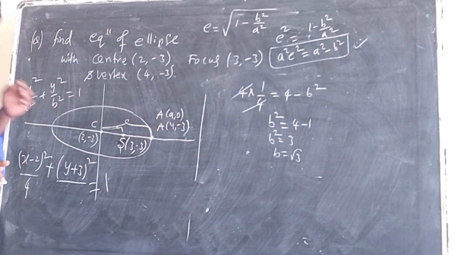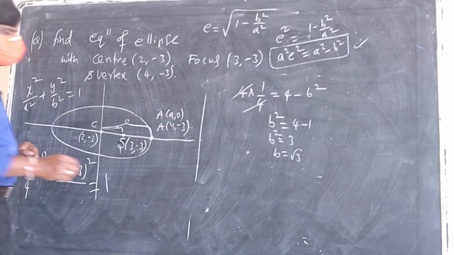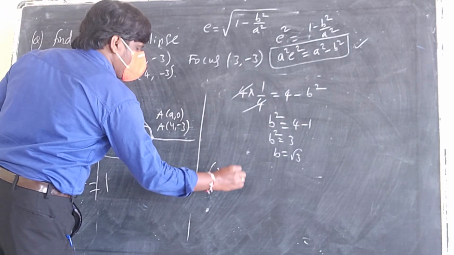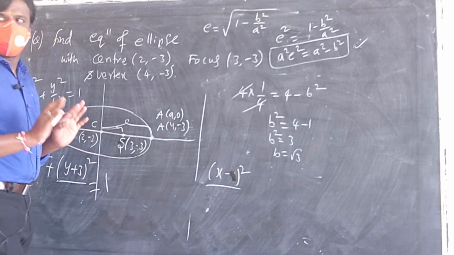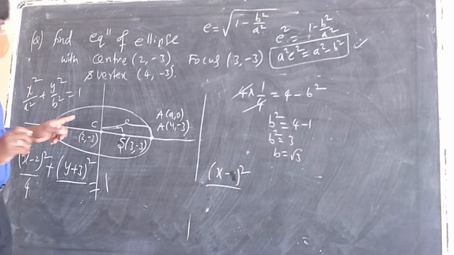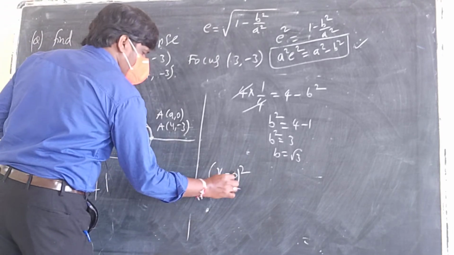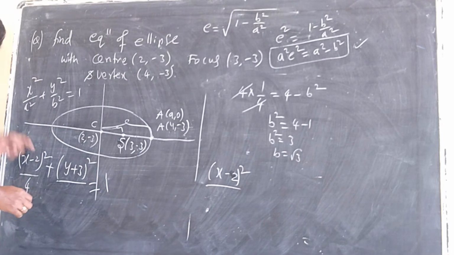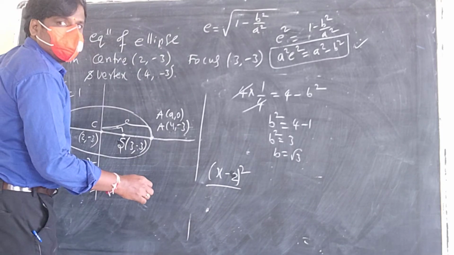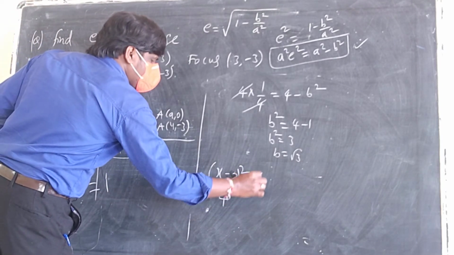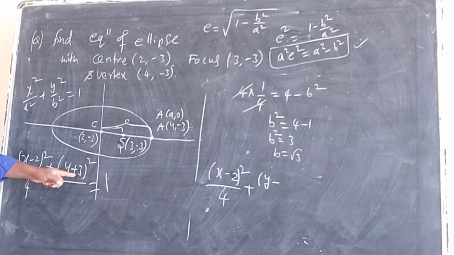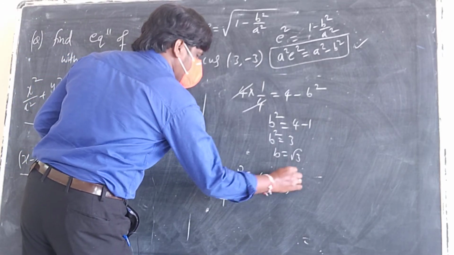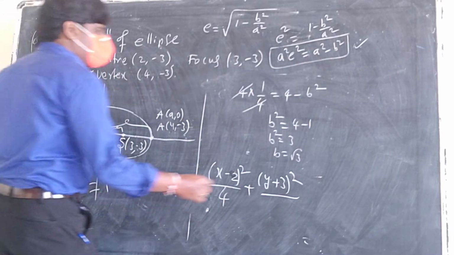Okay, B came, A came. So what is the formula? x minus the center x, the value of the center was 2. So x minus 2 whole square by A square, A square is 2 square is 4, plus y plus 3 whole square divided by B square, here 3, is equal to 1.